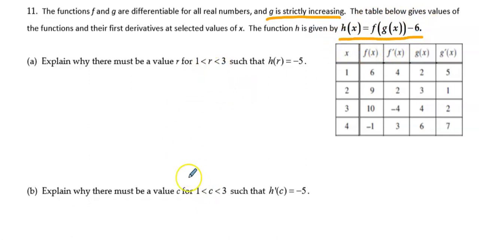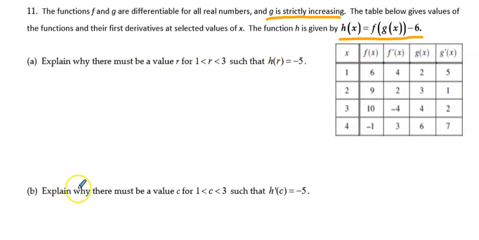Look at these two questions. What I like about this is that, other than the fact that this is r and this is c, they're almost exactly the same, but you do them two completely different ways. It says explain why there must be a value r on the interval from 1 to 3 such that h of r is equal to negative 5.